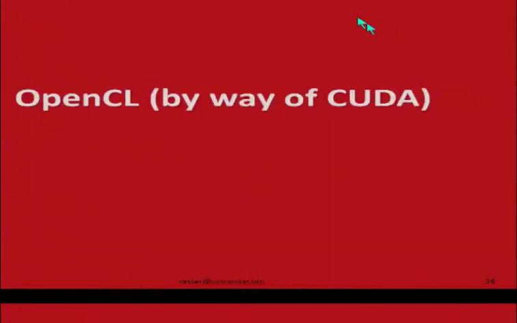I've got about 10 minutes left, so I'm going to briefly go through a couple of other things with OpenCL. The reason I want to leave you with this is that OpenCL was a standard that came out about 4 years ago, if I remember properly, and it was an open standard in the sense that it would be a specification that people would get together and ratify, and then different companies would adhere to that specification.